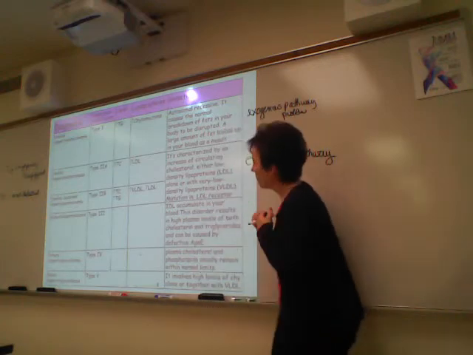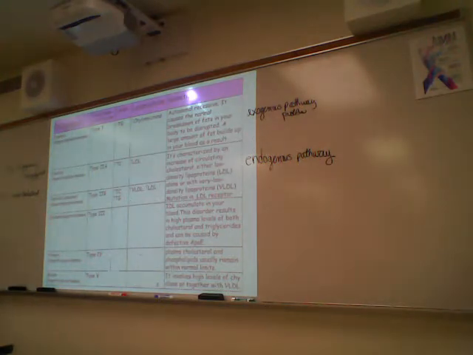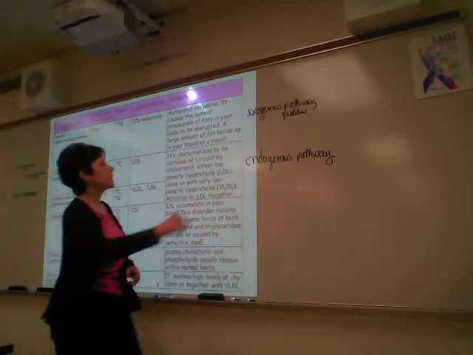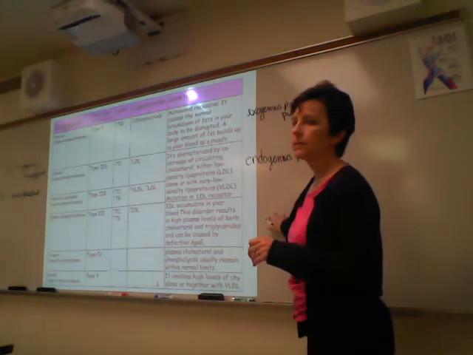So we can see the problem associated with that. Where does the IDL fall in the pathway? So this one's exogenous, this one's endogenous. What do we say about this one?